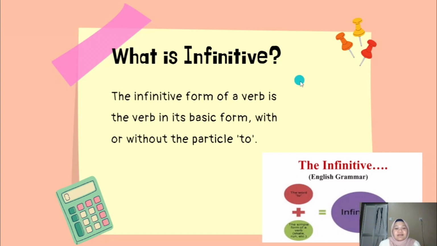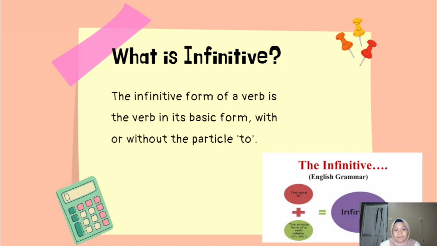For the topic today, we are going to discuss types of infinitive and gerund. But first, let us take a look at what an infinitive is. Infinitive is a form of a verb, from the basic form. For example, the verbs walk, run, swim.